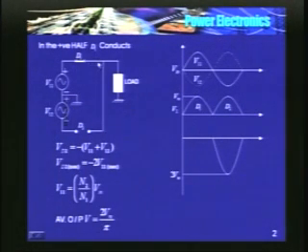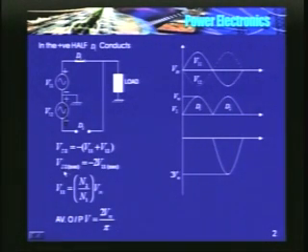When D1 conducts, since the cathodes are tied together, this point gets connected to the cathode of D2. So, what is the voltage that is appearing across D2? Of course, KVL has to hold good. It is minus of V11 plus V12.